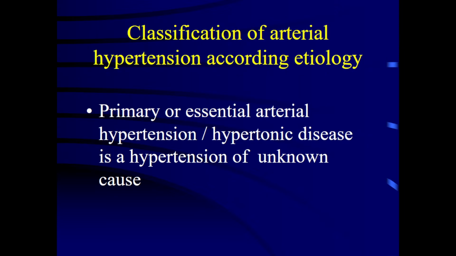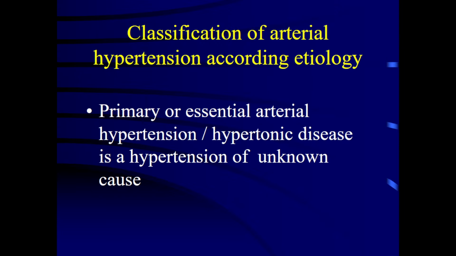And let us revise information about classification of arterial hypertension according to its etiology. They divide primary or essential arterial hypertension. In Russia, in Ukraine, this disease was named, and it's still named even nowadays, hypertonic disease.